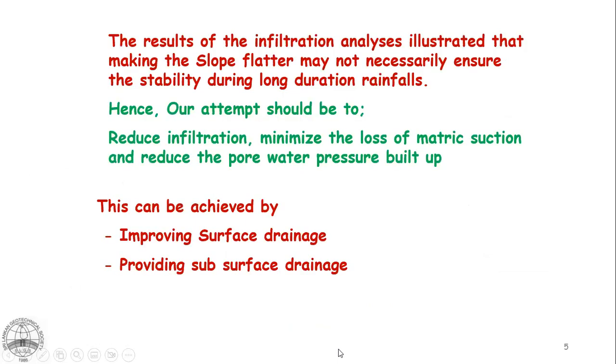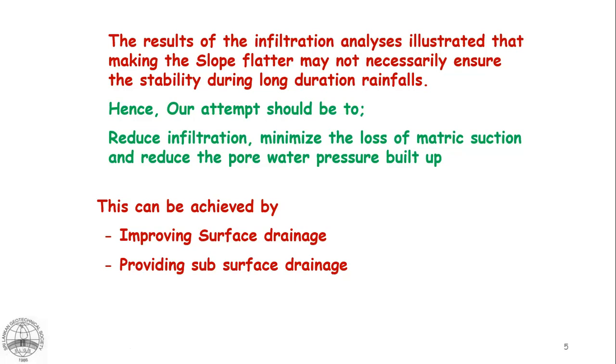Now, in part 1, in the analysis, I showed how infiltration causes loss of matric suction and development of pore water pressures. There, I also showed how the factor of safety deteriorates with continued infiltration, continued rainfall.